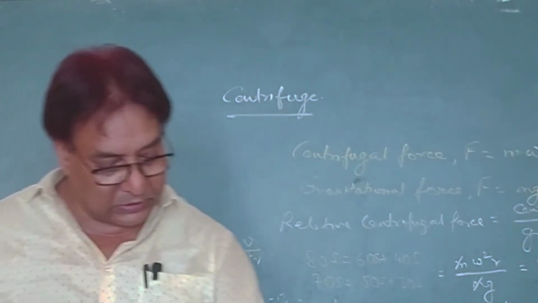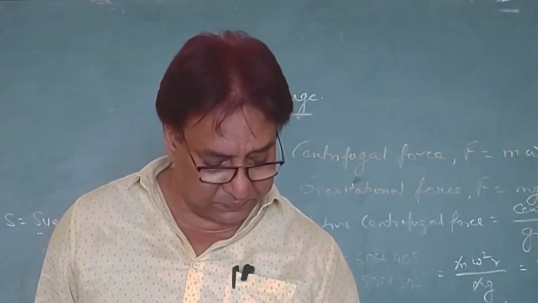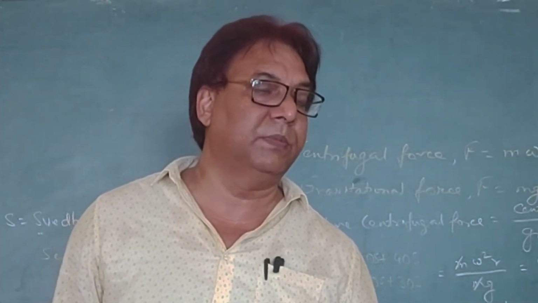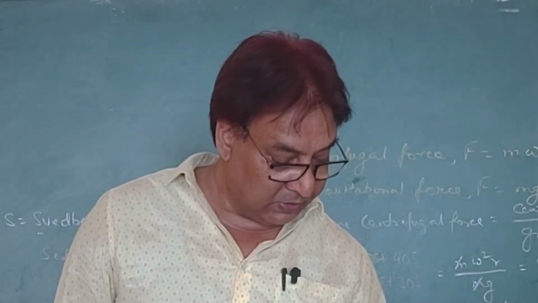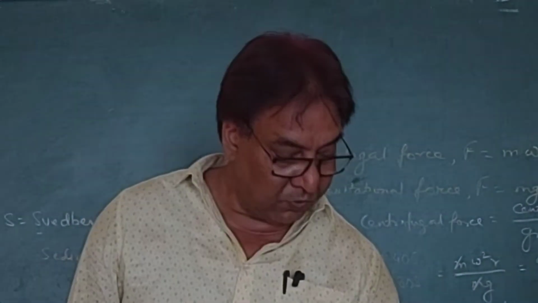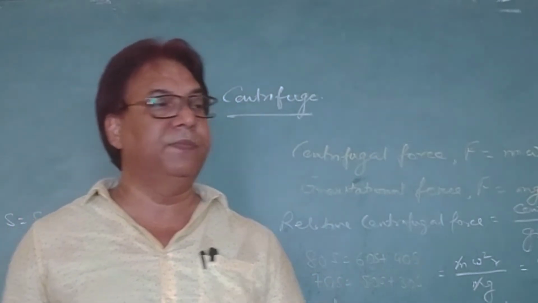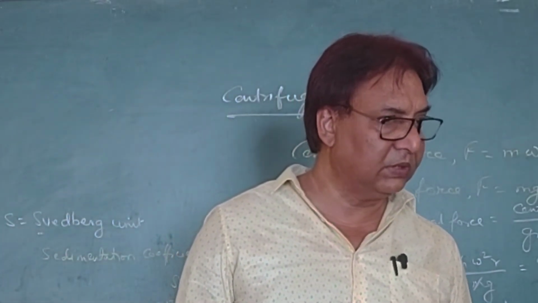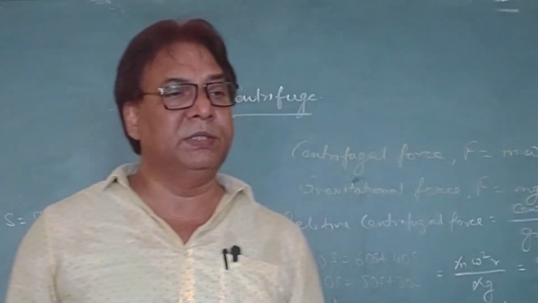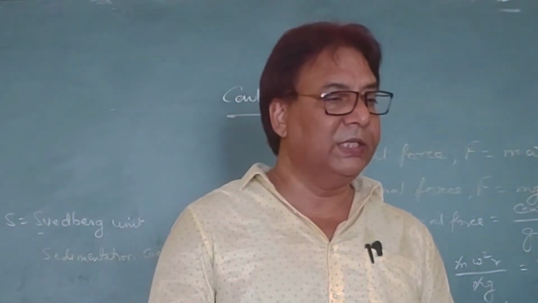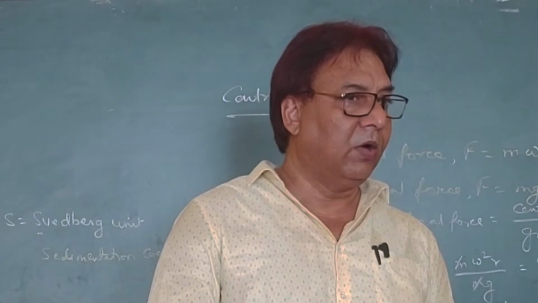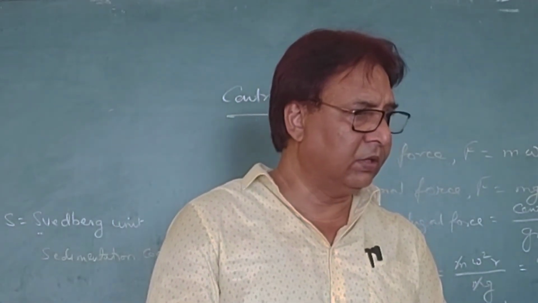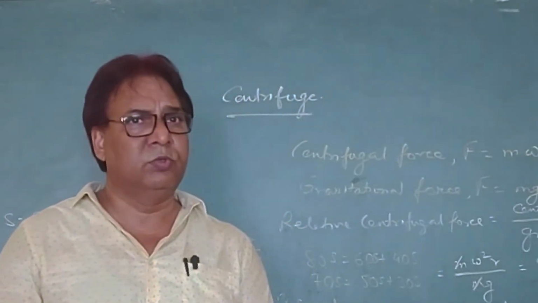Now I talked about the types of centrifuges, on the basis of different bases. One was on the basis of the type of rotor: fixed angle rotor and swing rotor type. Another is on the basis of its working principle, on the basis of how you apply it. On that basis, there are two types.